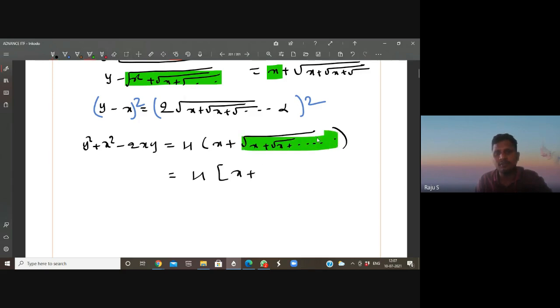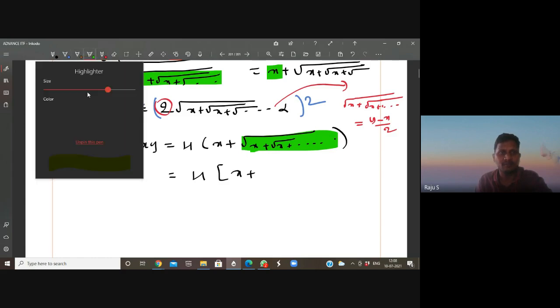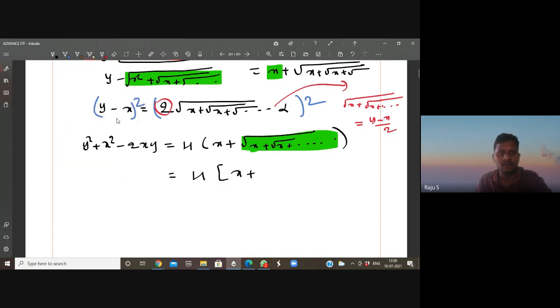From the above equation, this 2 alone you can cross multiply. Shall I write this value, root over x plus root over x plus root over and so on, as y minus x by 2, from the above equation? Yes or no? Y minus x is equal to 2 times this.